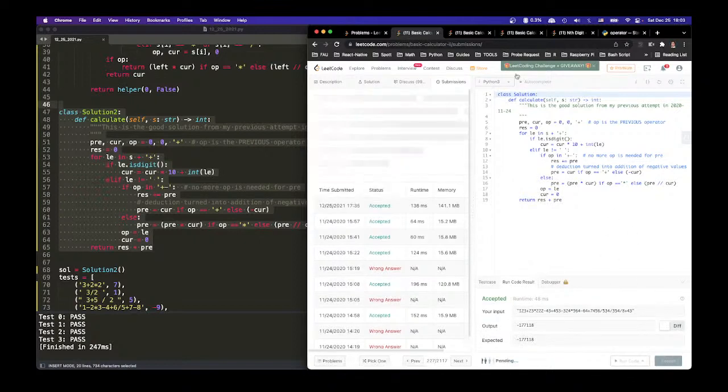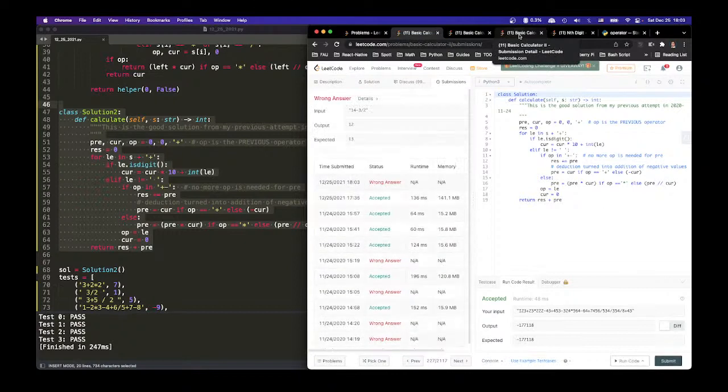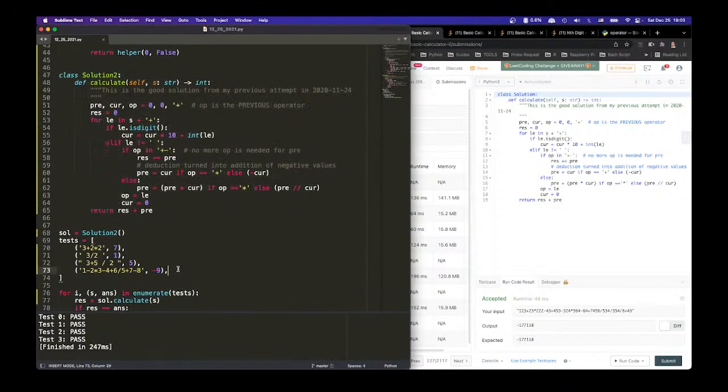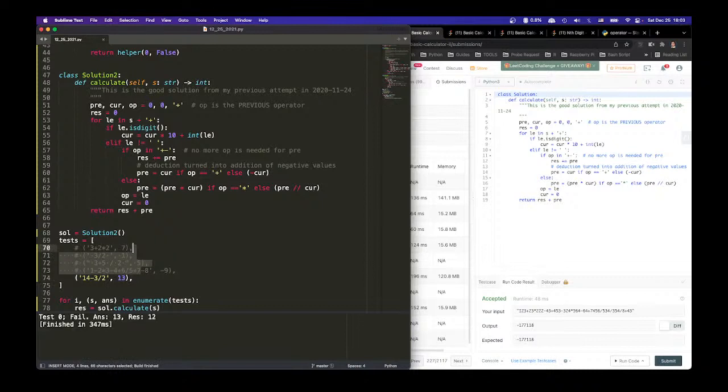Yeah, I think this is the same. Uh-oh. We got a problem. 14 minus 3 divided by 2 should be 13. Got 12.